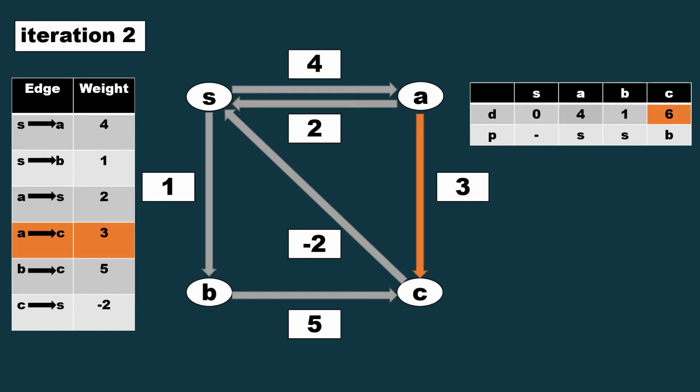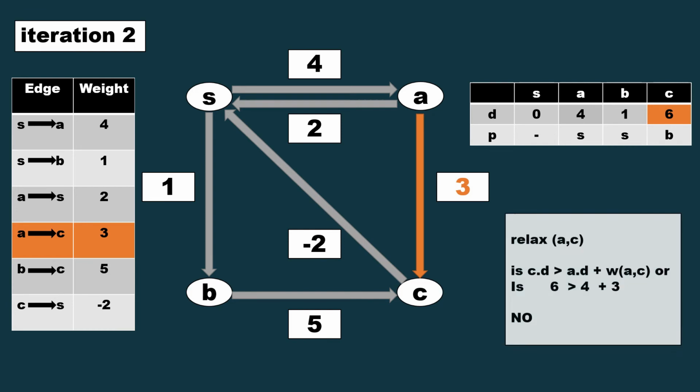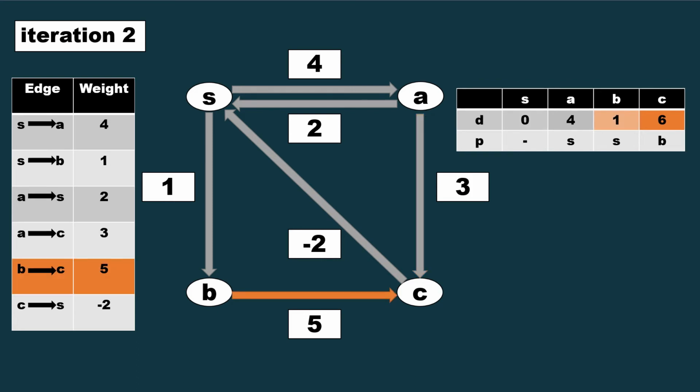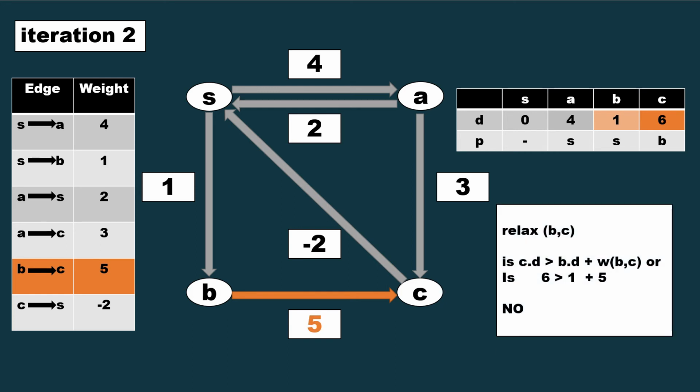We're now in our fourth edge. Relax AC. Is 6 greater than 4 plus 3? No. 4 plus 3 is equal to 7, and 7 is greater than 6, so we will not update. Proceed to our fifth edge. Relax BC. Is 6 greater than 1 plus 5?